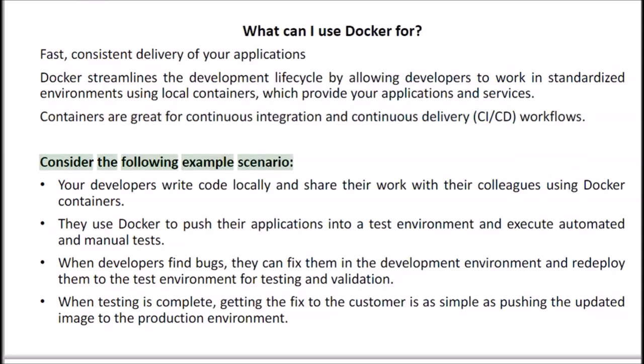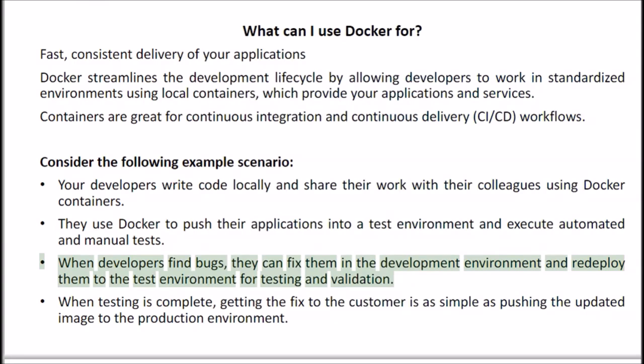Consider the following example scenario. Your developers write code locally and share their work with their colleagues using Docker containers. They use Docker to push their applications into a test environment and execute automated and manual tests.